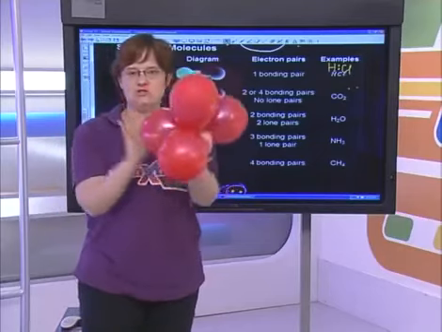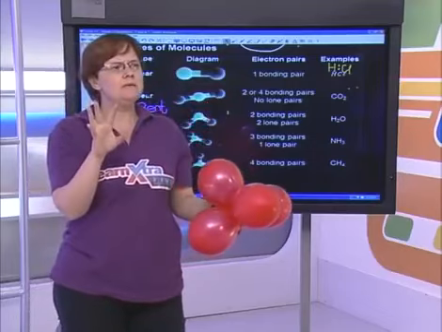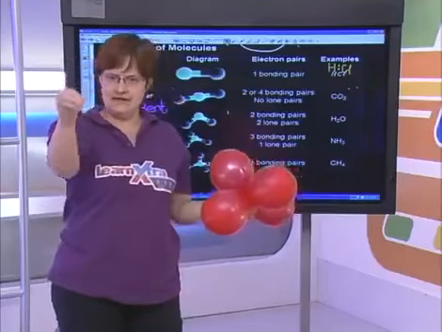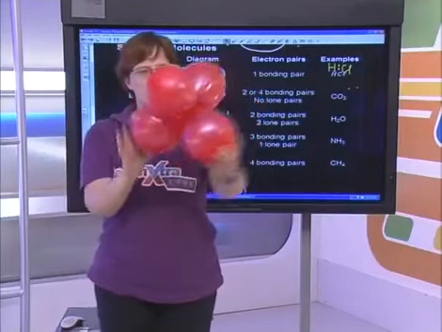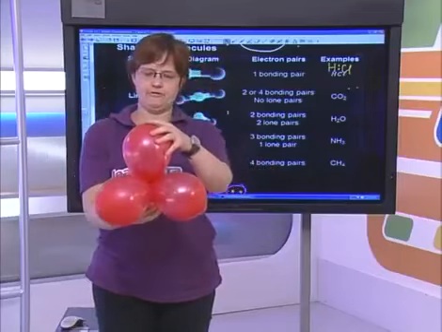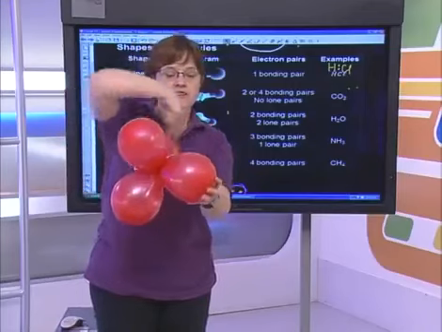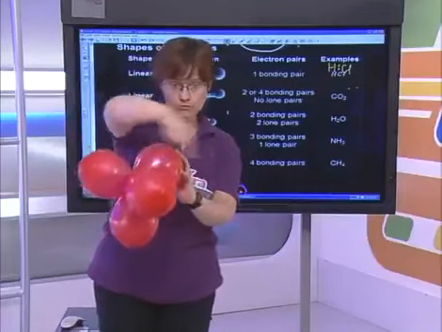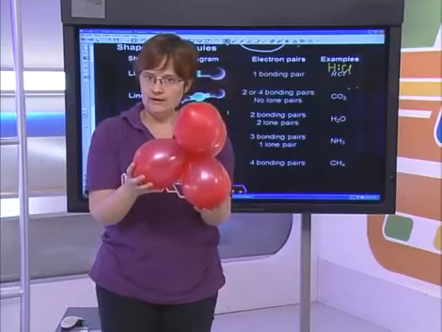Each of these hydrogens looks slightly positive. Now polar means I must have a positive side and a negative side. So if I look at my molecule and the shape, positive, positive, positive, positive, the negative sits in the middle. This molecule acts as if it's non-polar, okay?